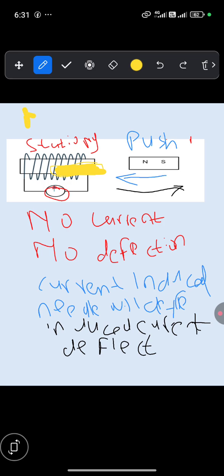So no current in this case, and no deflection of the needle in the galvanometer.